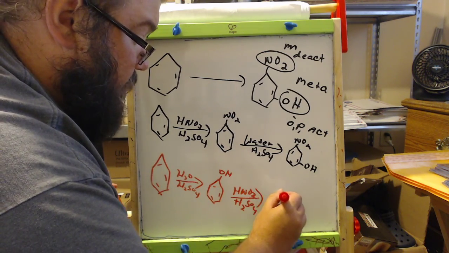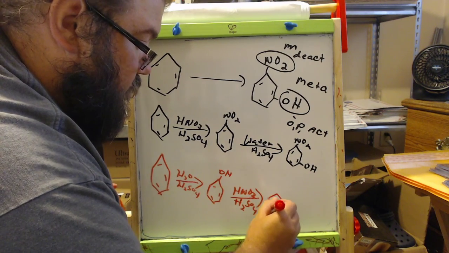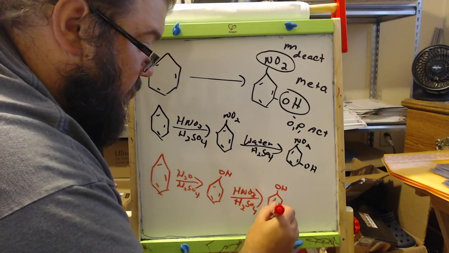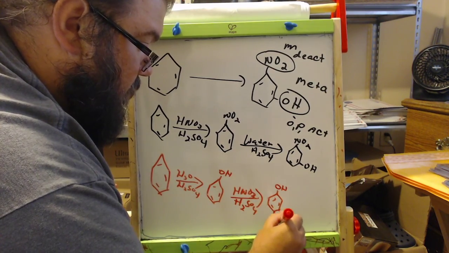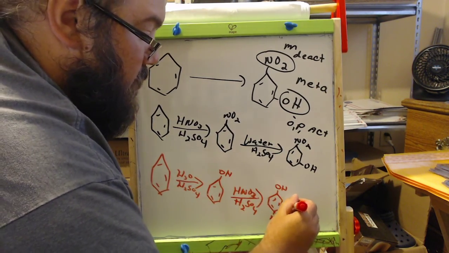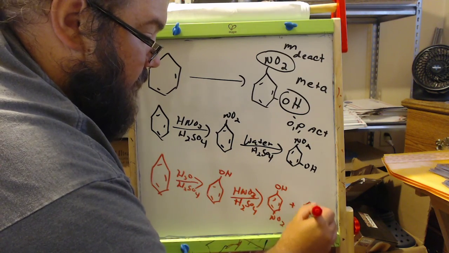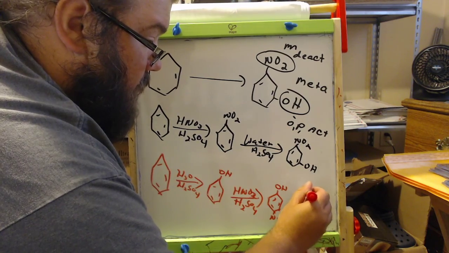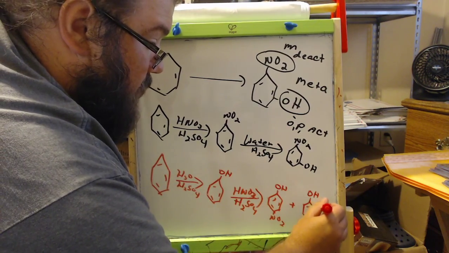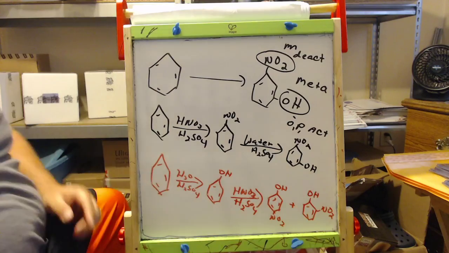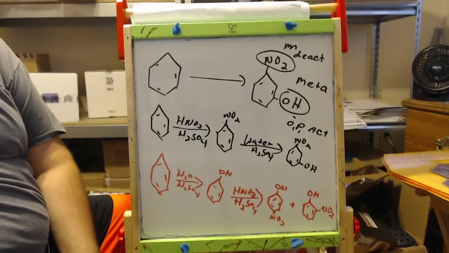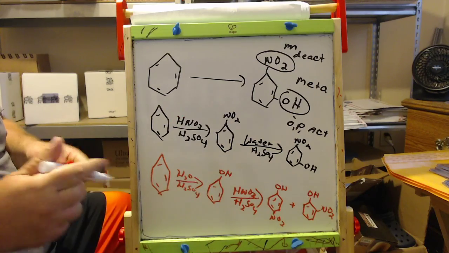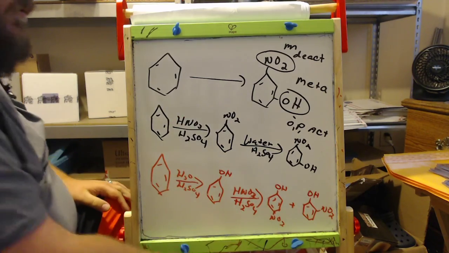We would end up with two products. One being the para nitrophenol, and we'd also have the ortho nitrophenol as our products. And that's not what we wanted. We wanted this. So order is important.